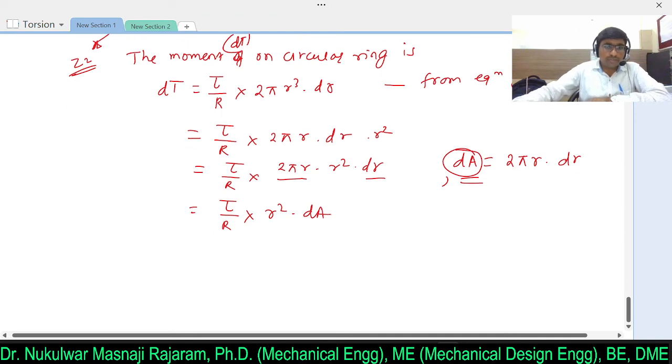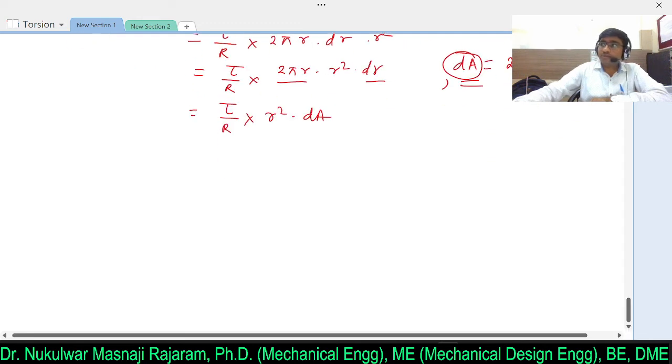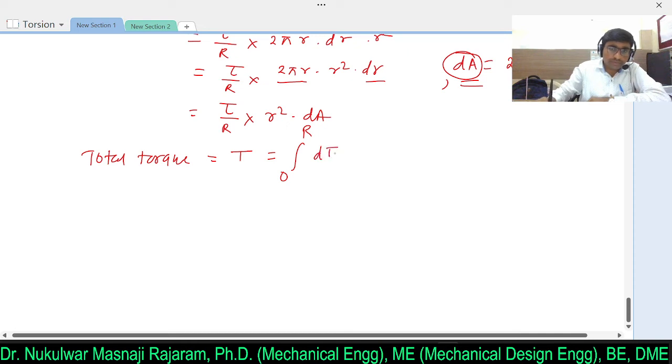Clear? What is moment of inertia? That is moment of area. Second moment of area is nothing but moment of inertia. Clear? So here I can write the total torque, T, again by integration from 0 to r. Here I am considering a solid shaft, so that must be dT.